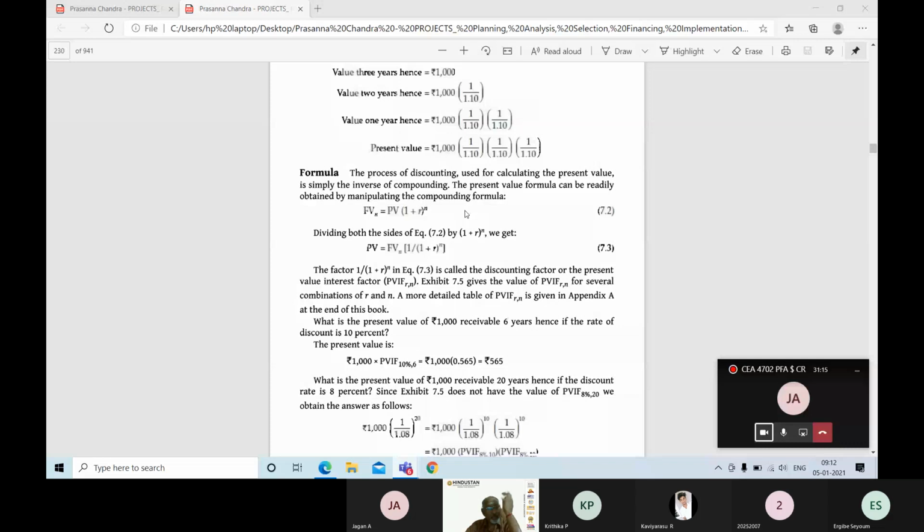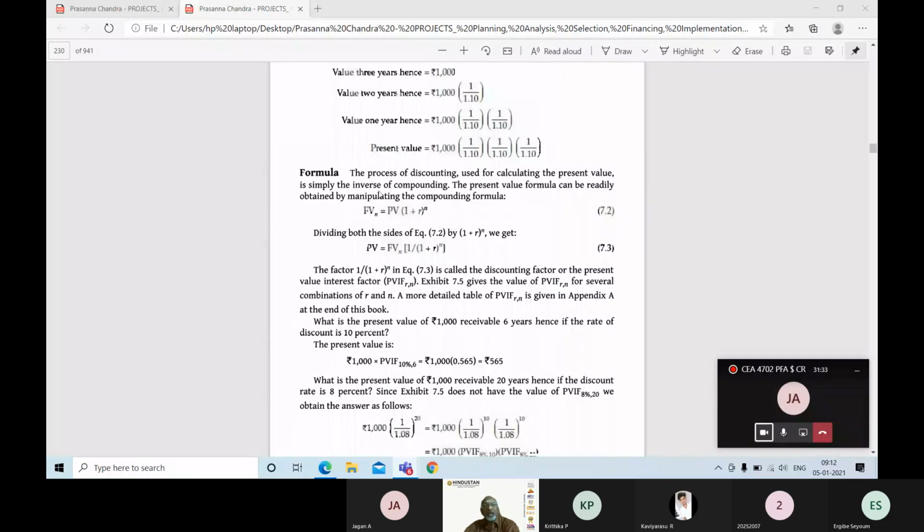The process of discounting used for calculating the present value is simply the inverse of compounding. In compounding you multiply with the power, and here it is to be inverted. You have to invert the compounding formula, then you will calculate this. So here FV is equal to PV into (1 plus r) to the power n.